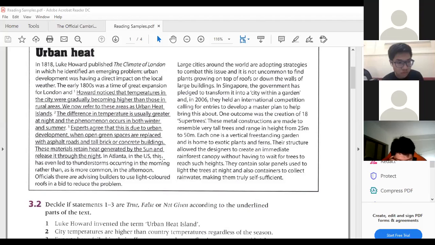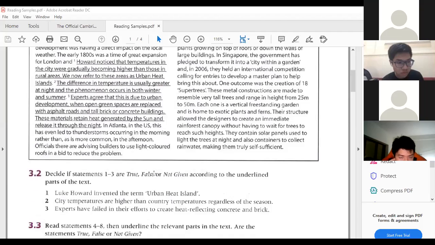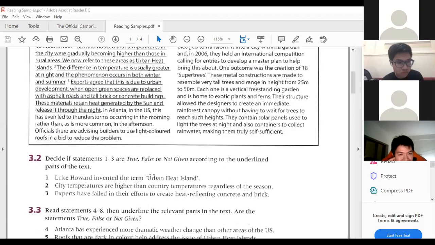What's your reason? Because they said that in the US this has even led to, it shows that the US is higher, more. Okay, yes, thank you. It's hard to explain.